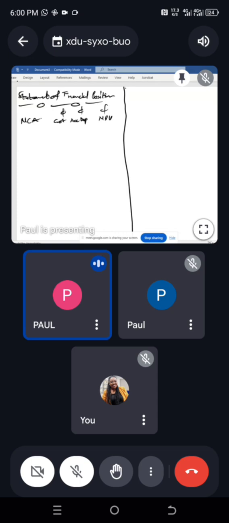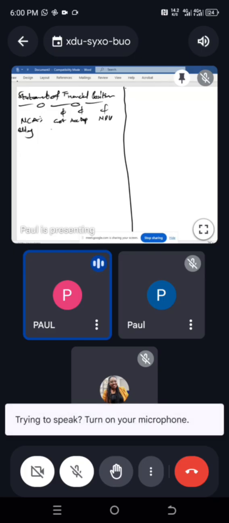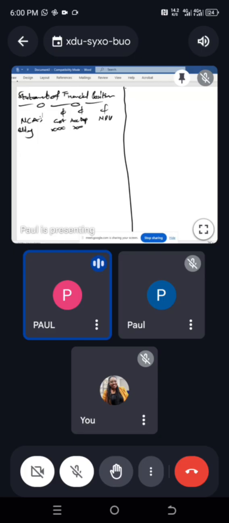So you list them. The non-current assets may be building. You bring the cost here, you less the depreciation, then you get the amounts. Maybe furniture and fittings, you bring the cost here, you less the depreciation, then you get the amount.